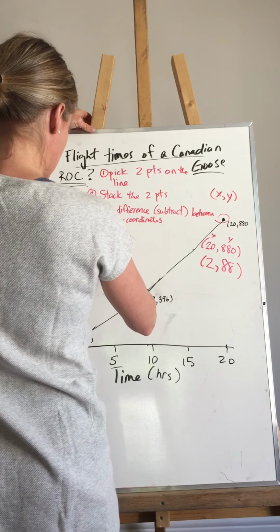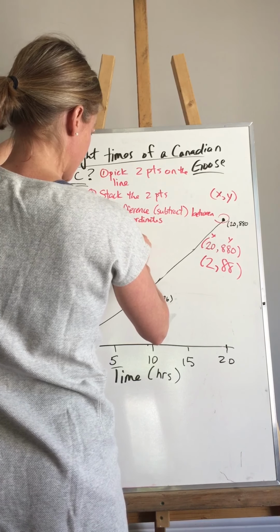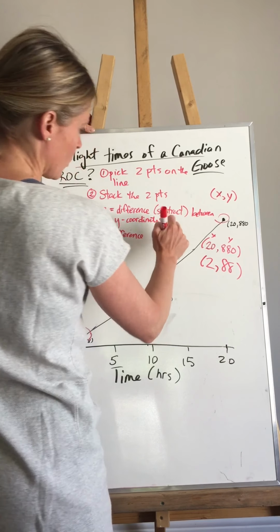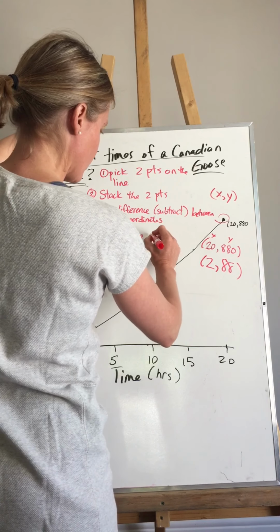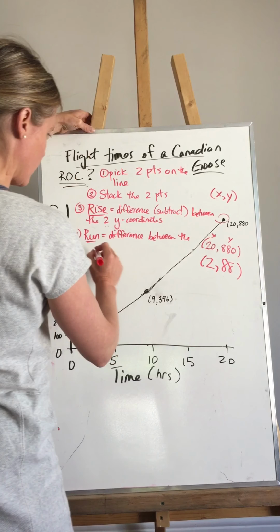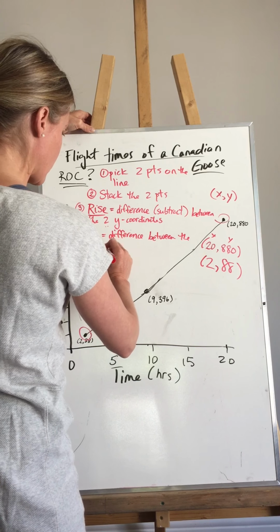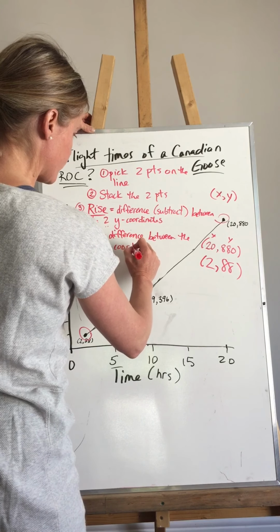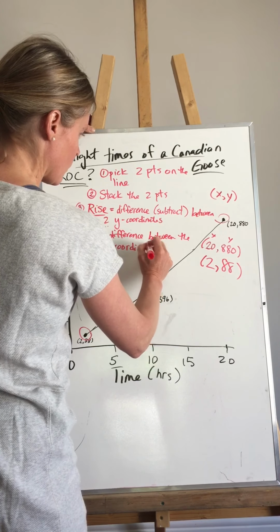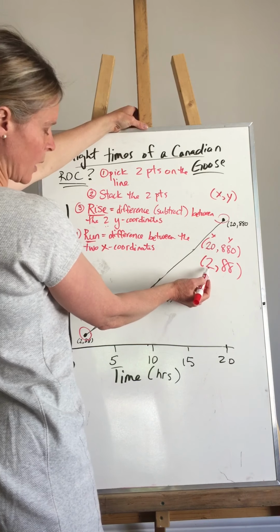Okay, so that's to calculate the rise. Your run is going to be calculated by finding the difference. Okay, so again, subtracting the difference between the two x coordinates. Okay, so here's the one x coordinate, here's the second x coordinate.